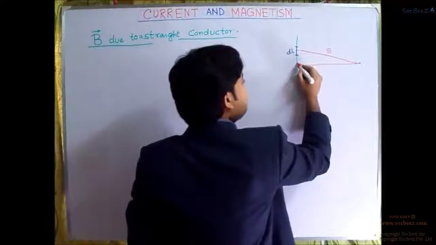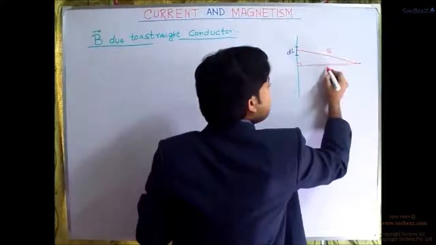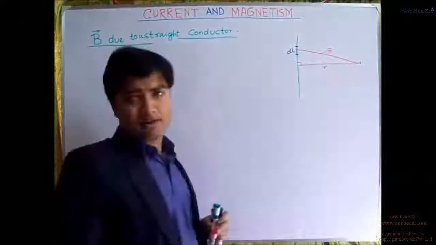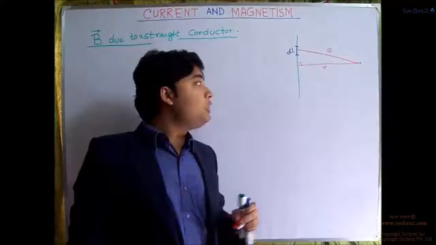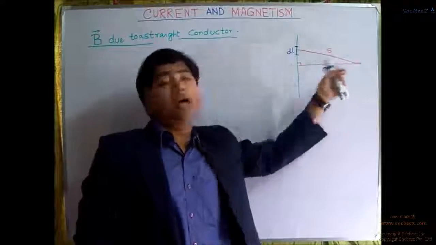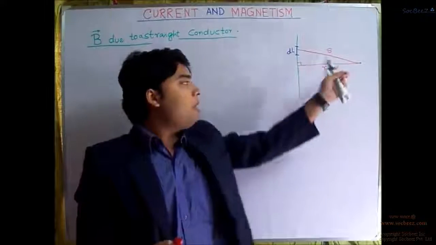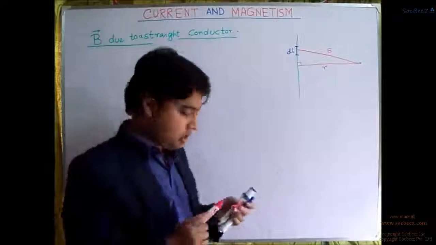So this will be 90 degrees. Let us take it as R, right? Because we know that the minimum distance of a point from the conductor must be perpendicular to it, right?